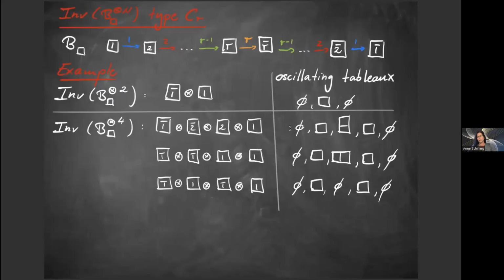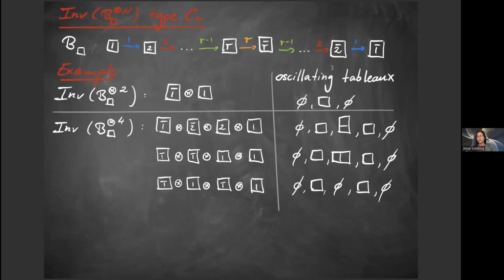Let me give you another example, a slightly more complicated example. Let's look at the invariant subspace for type C_r. And again, I'm going to take an n-fold tensor product. The crystal of type C_r corresponding to a single box is just given up here. It's this graph.